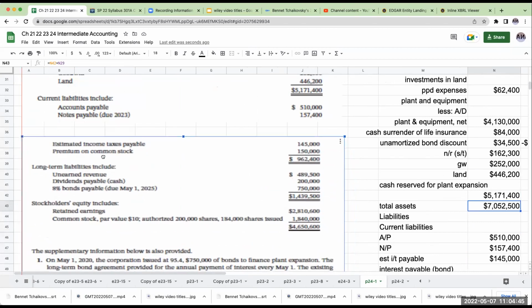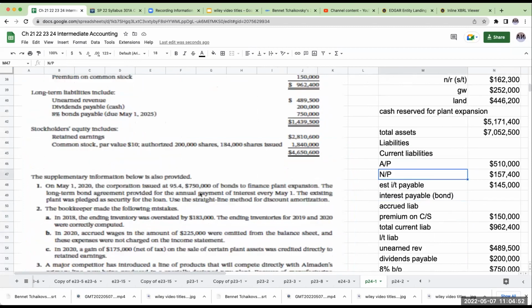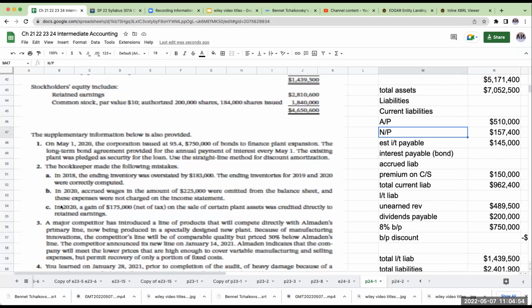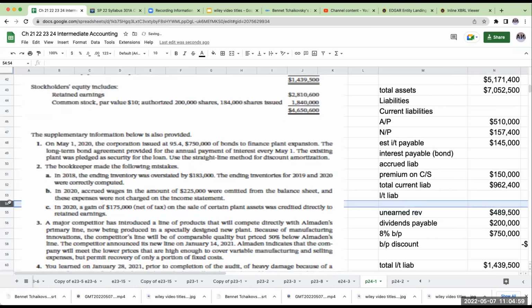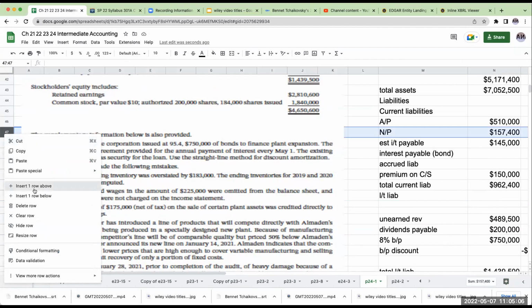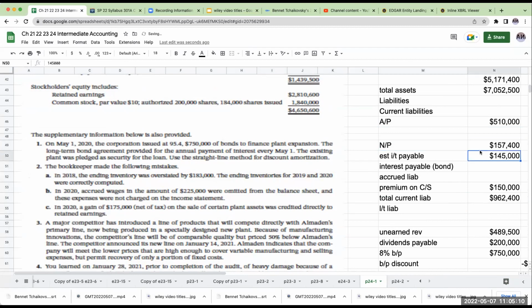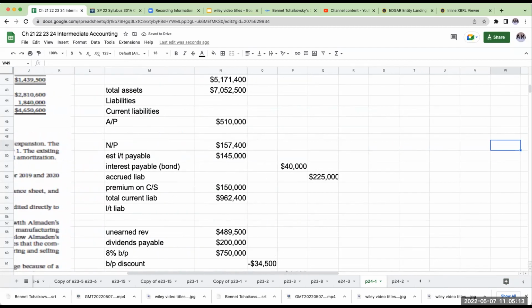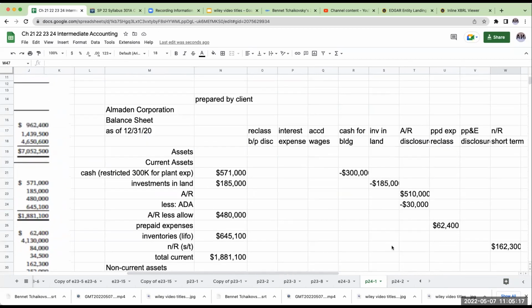So the notes payable due 2023. Notes payable, this is not a current liability. So what we're going to go ahead and do over here is we're going to put notes payable, and then we're going to add in some other columns here. So the notes payable reclass.